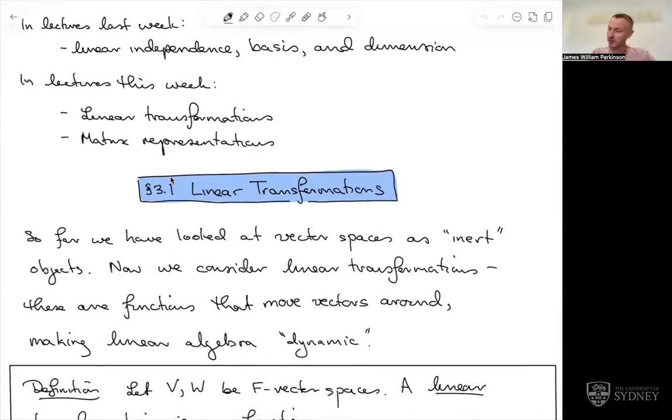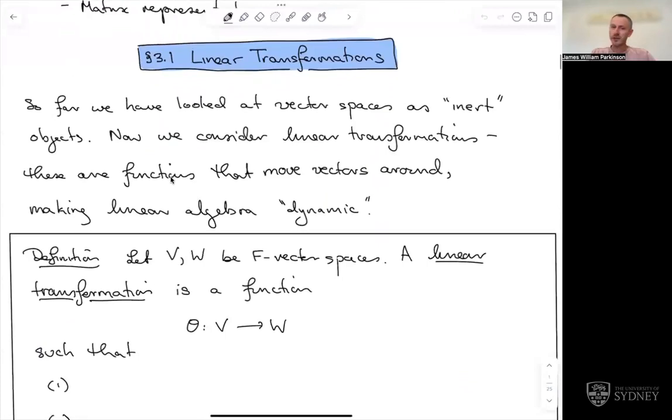linear transformations. The idea here is that so far we've been looking at vector spaces as inert objects, just the vectors in the vector space themselves. Now we start looking at functions from one vector space to another that preserve the vector space operations, but in particular are moving the vectors around and doing things. So in this way, linear algebra becomes more dynamic.